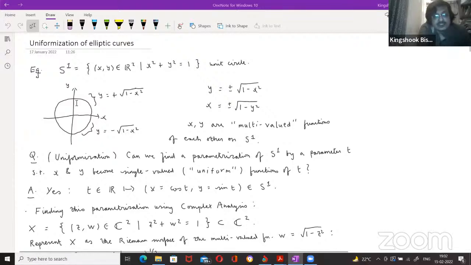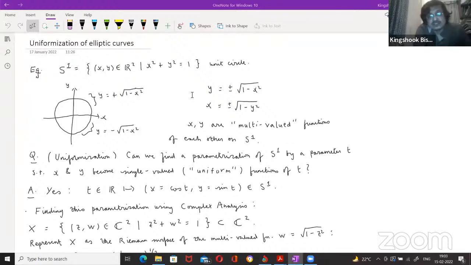Now, if we want to parametrize the unit circle, we can't do it using either the x coordinate or the y coordinate, because for every x value there are 2 y values, and for every y value there are 2 x values on the curve. So x and y are what are called multi-valued functions of each other on the unit circle, so we can't use them to parametrize.